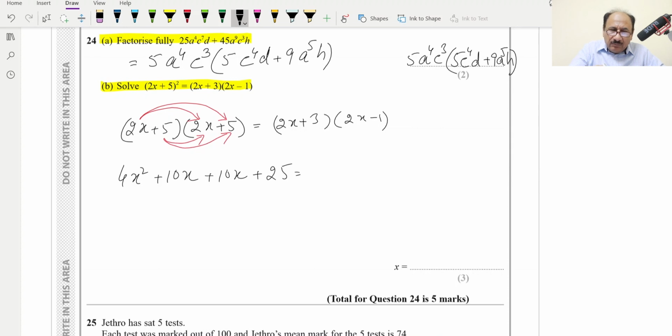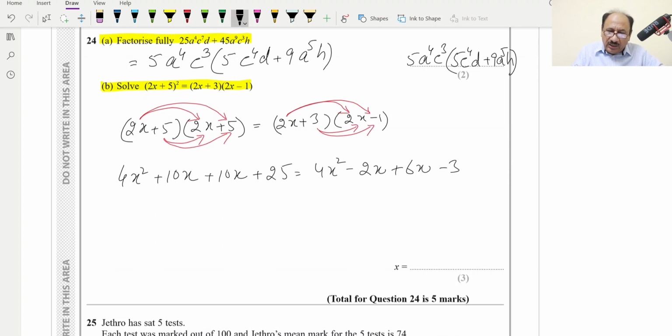Similarly we can multiply this side also: 2x with 2x gives 4x squared. Then 2x with minus 1 gives minus 2x, 3 multiplied by 2x gives plus 6x, and 3 multiplied by minus 1 gives minus 3.